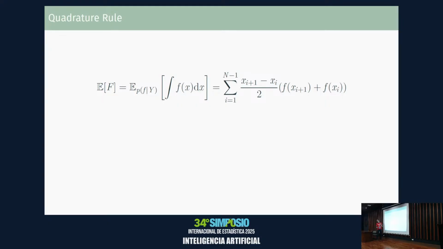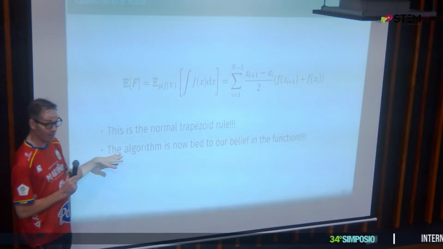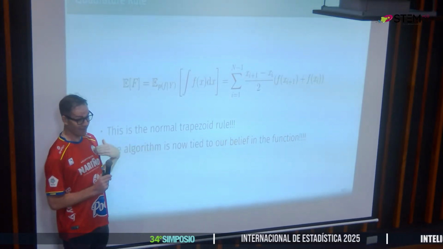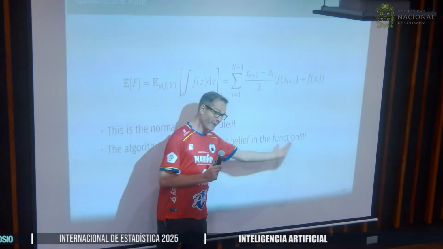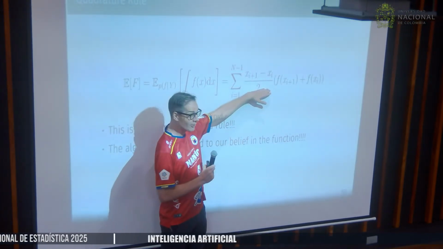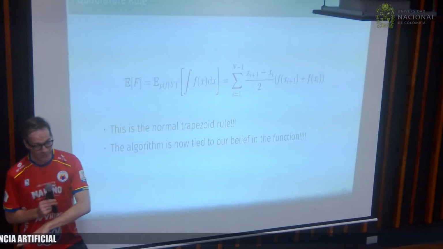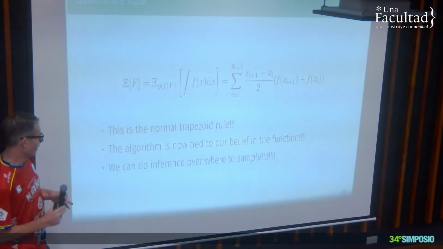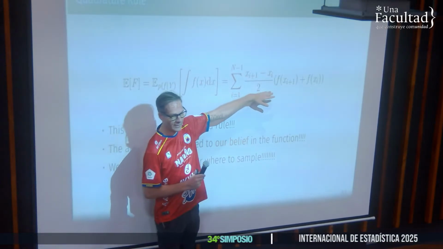Now, why am I so excited about this? Well, it's the normal trapezoid rule. The algorithm that I've now designed that comes out from this, I designed it by saying, I think the data looks like this. Therefore, the algorithm just pops out. This algorithm is tied to what I thought the data was, right? This is a super, super powerful statement. Now, I can do inference in this, for example where to sample, right?